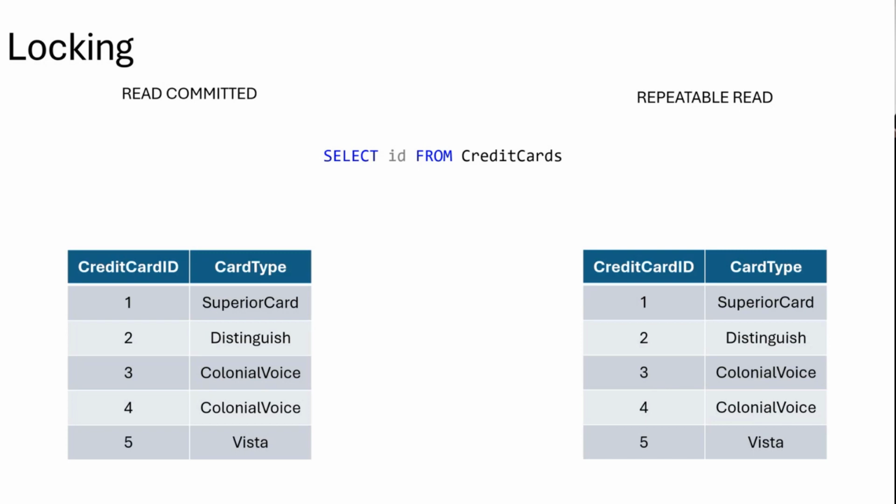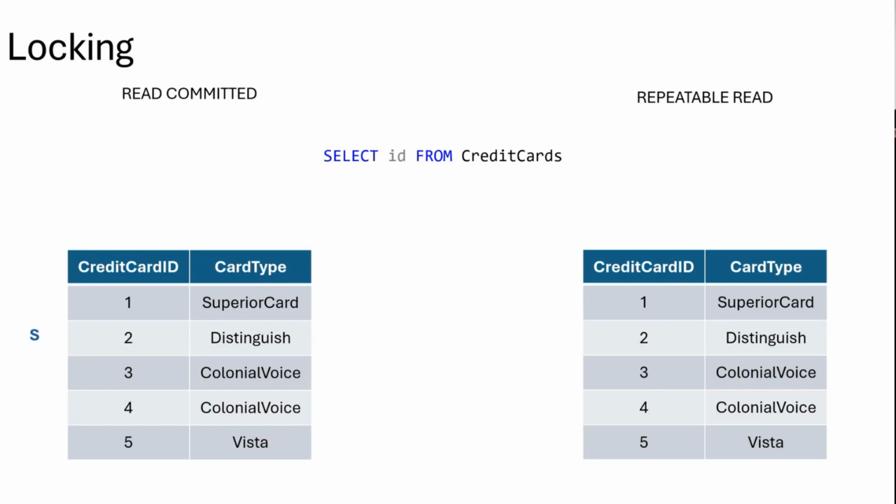Under read committed isolation level, SQL Server needs to acquire a shared lock on credit card ID 1, read the data, and release the shared lock. Then it goes to credit card ID 2, places the shared lock, reads the data, and releases the shared lock.